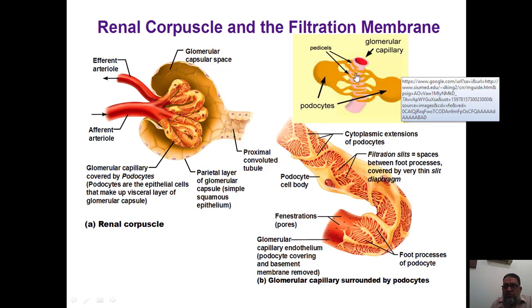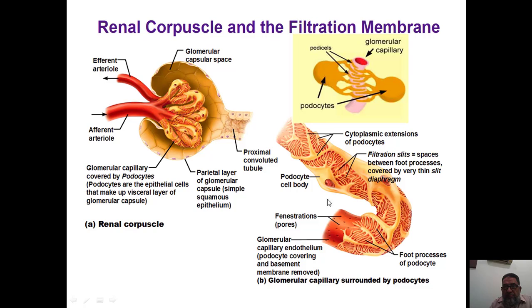These intervals are actually the membrane interval from which the filtration will take place. So this interval you will have to memorize. It is between the foot processes or pedicles, tertiary pedicles of the podocyte and the basal membrane of the capillary, which give these filtration slits.